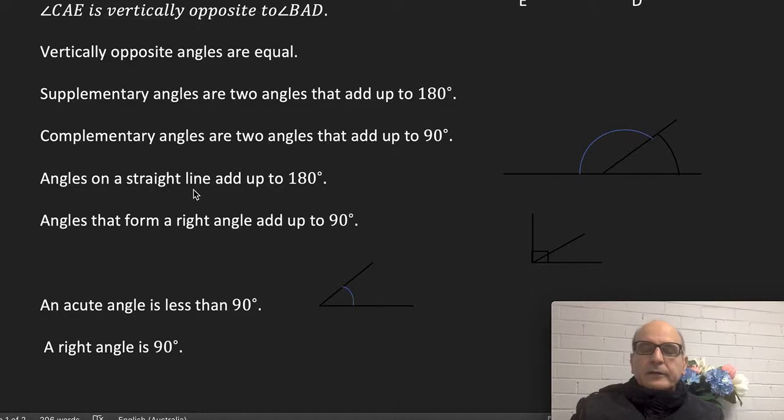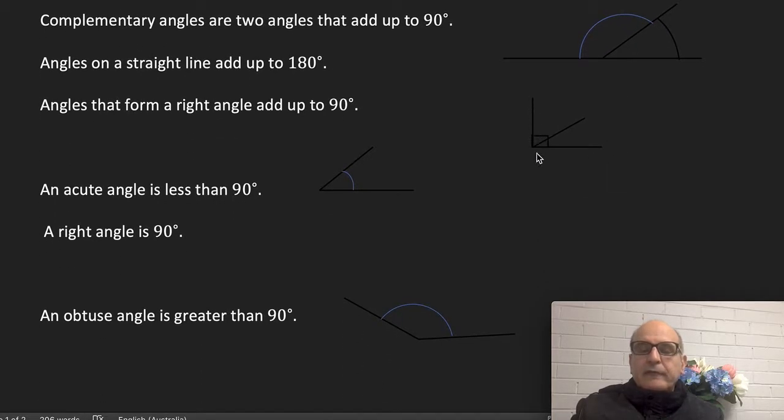The other thing is angles on a straight line add up to 180 degrees. Here I've got this straight line, and I split it into two angles. That's one angle, that's another angle, by drawing this line. So this angle and this angle, because between them they make a straight line, they add up to 180 degrees, or we can say they are supplementary.